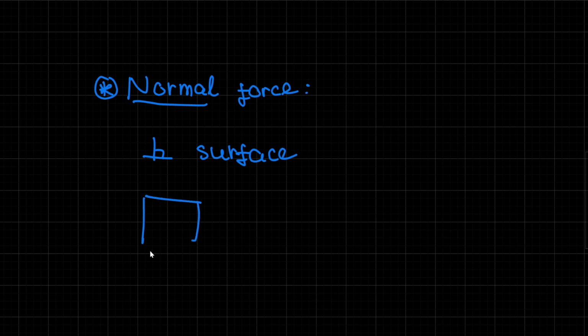So maybe if I put a box on a table, right? The box is pulled down by gravity, right? Then the box will also press on the surface of the table, and so from Newton's third law, the table also creates another force back onto the box, and we call that the normal force.